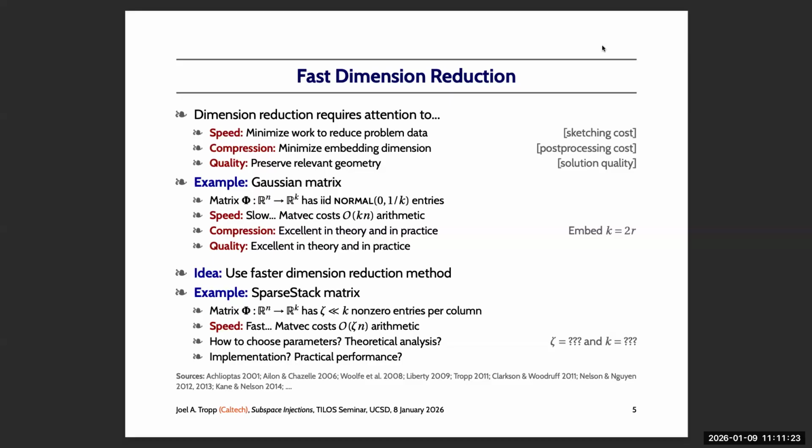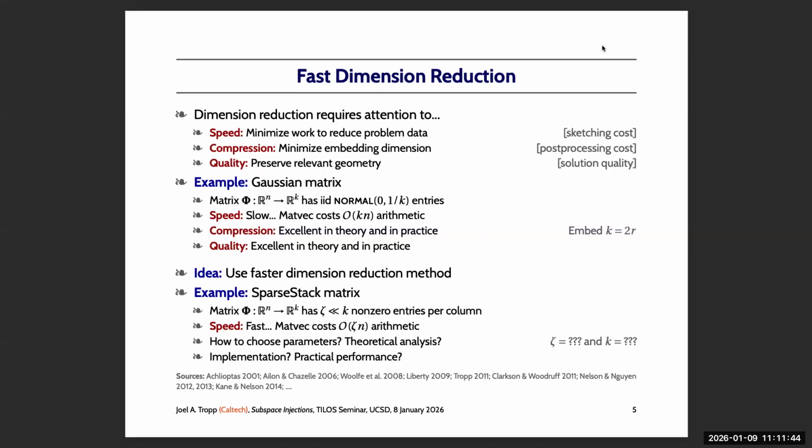So if you have an r-dimensional subspace, you can reduce it to 2r dimensions while preserving its geometry quite well. And that's reflected in this quality statement. So Gaussian dimension reduction does a really good job of preserving geometry. So it's good at compression, it's high quality, but it is extremely expensive in practice.